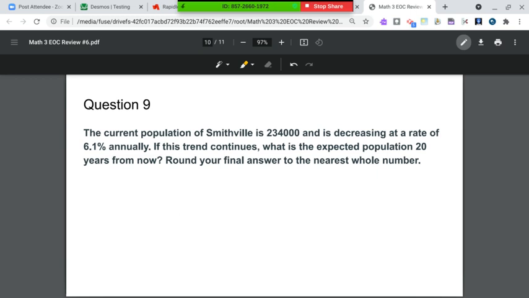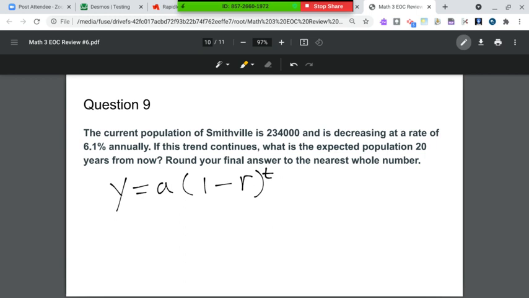Do you see the word compound? Exponential decay. Okay, we used y equals a times 1 minus r to the power of t.